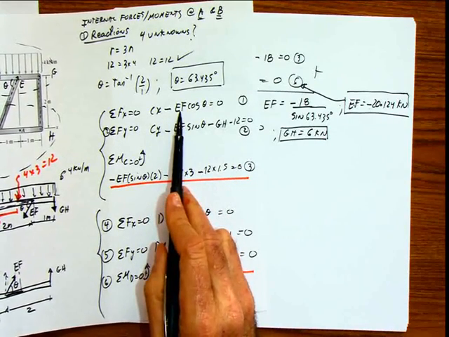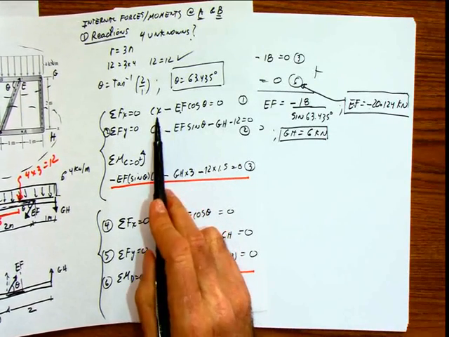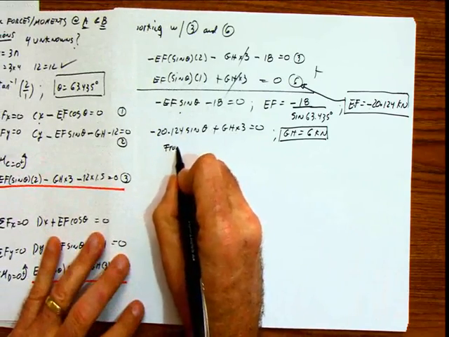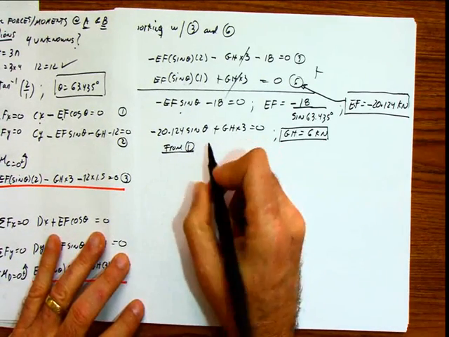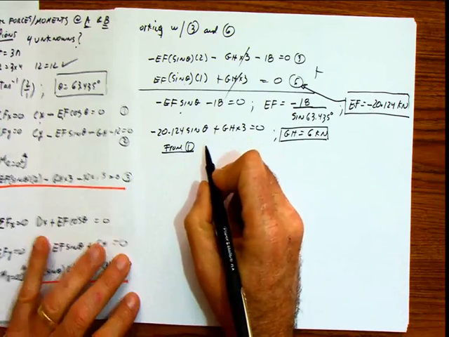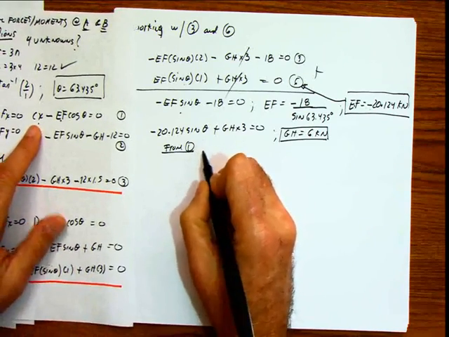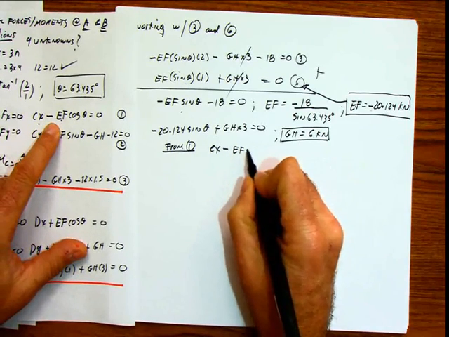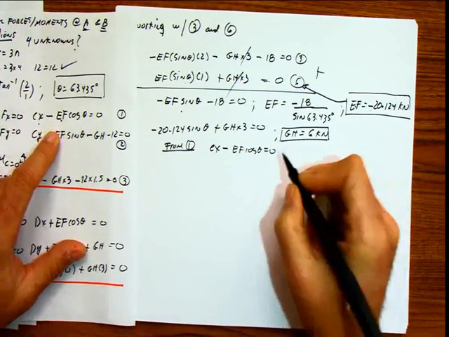EF, if I put EF here, I can calculate Cx from 1. Here, Cx minus EF cosine of the angle equals 0.